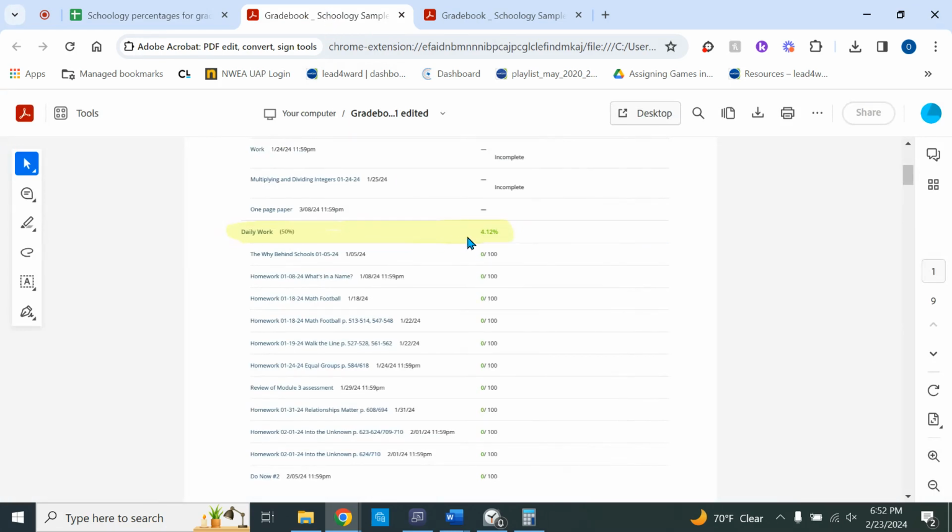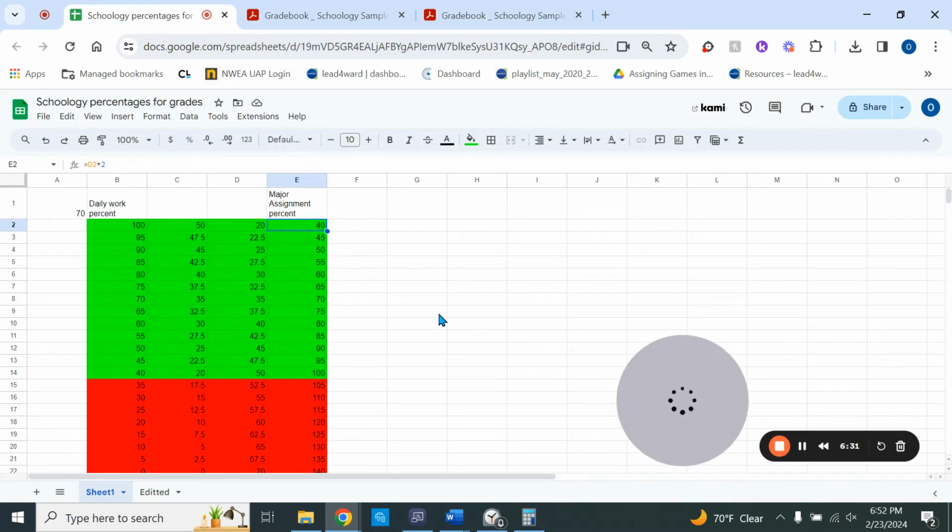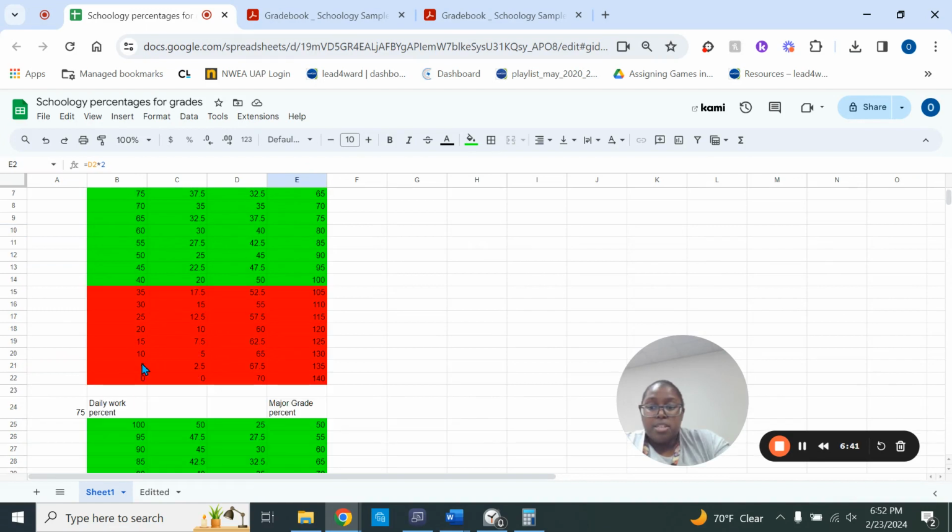So right now, looking at this, we have a daily work of 4.12%. So if we go to this page, that means if the daily work is only 5%, then the major assignments would have to be 135% for a passing grade in the class.